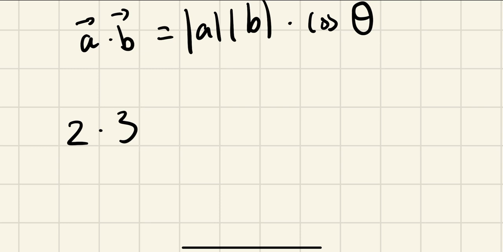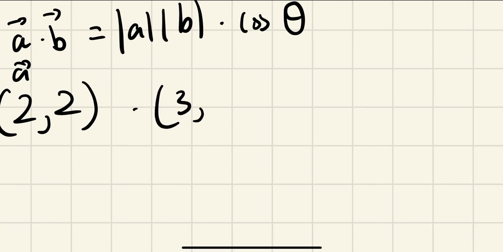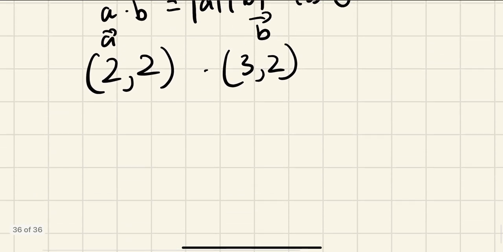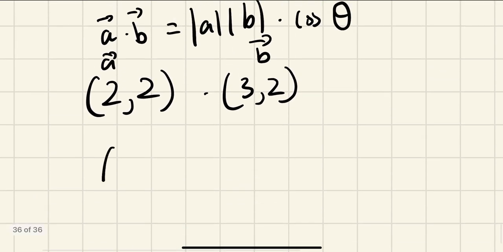Sorry, that's a really bad example. Vectors have two components, so like 2 and 2 would be vector A times 3, 2, which is vector B. In order to do this, you would do 2 times 3, and you would add it to 2 times 2.